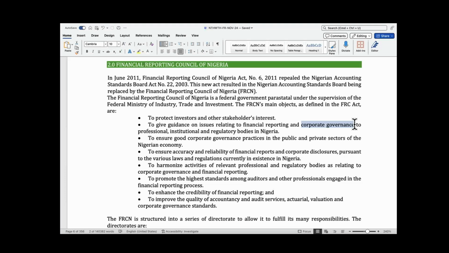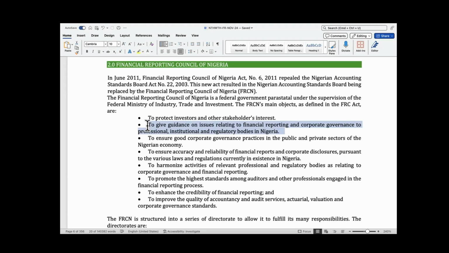They need to teach professionals, regulatory bodies, and institutions on these issues. That is the only way they can achieve their objective. So this becomes their second objective, teaching professionals on issues relating to financial reporting and corporate governance.